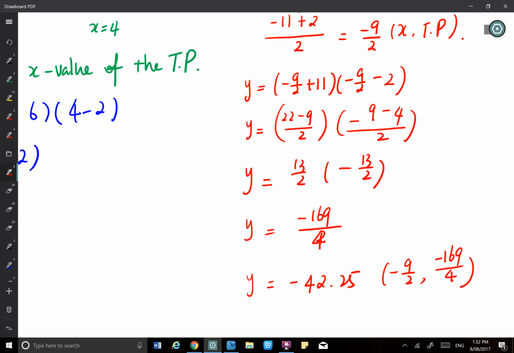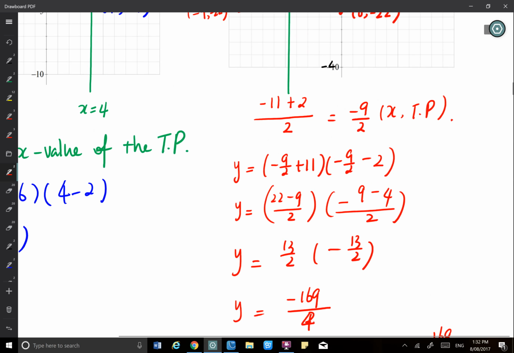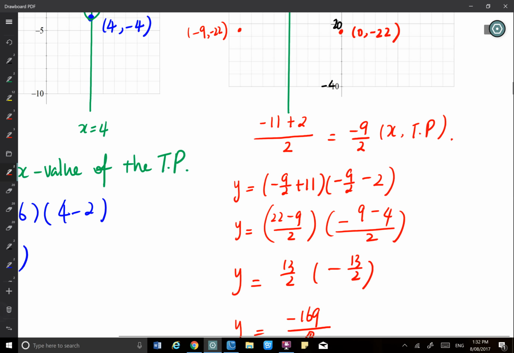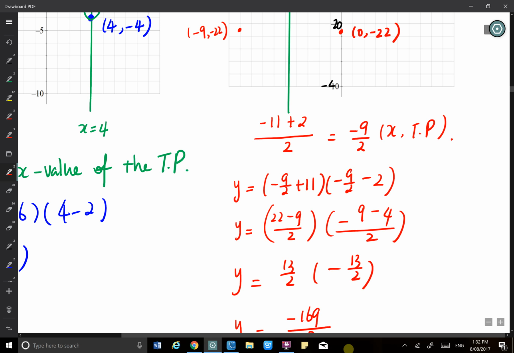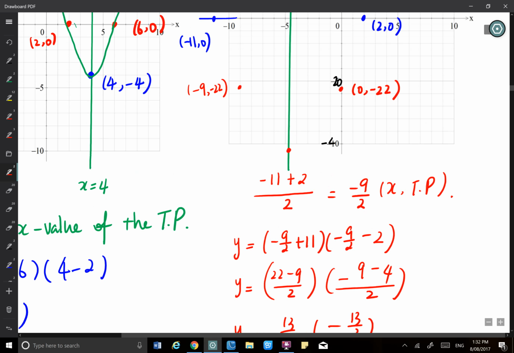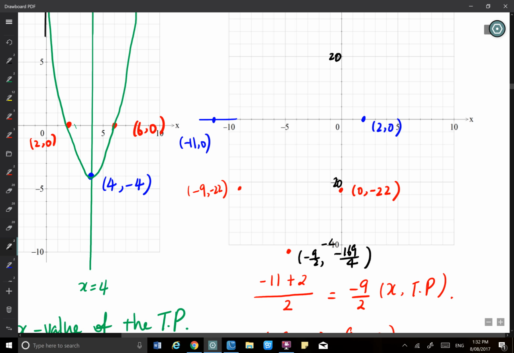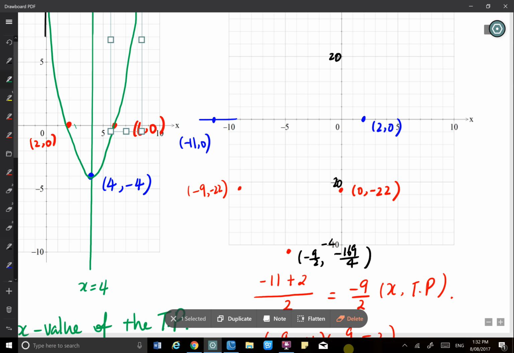It's exactly the same as how we find the turning point before, but just a more complex calculation. So negative 42.25, which is the point here. It's just a little bit below that point. So you have that point here.